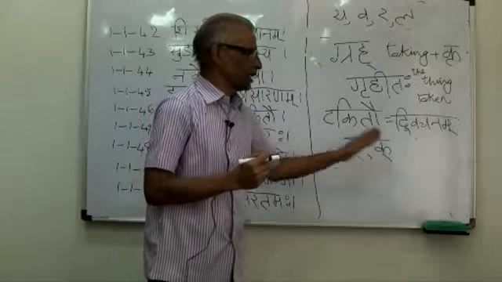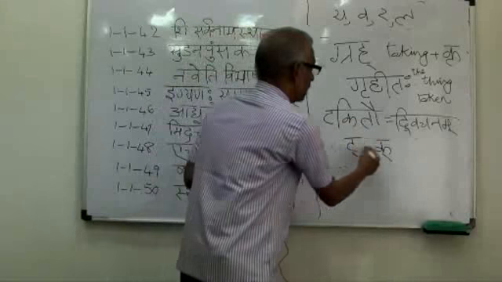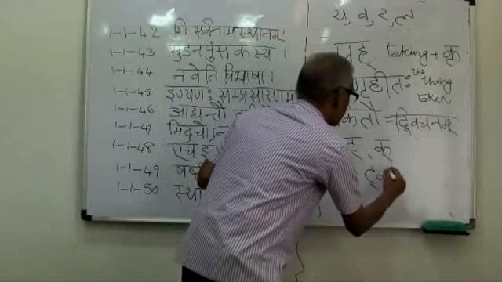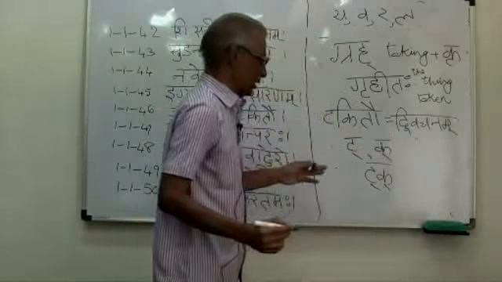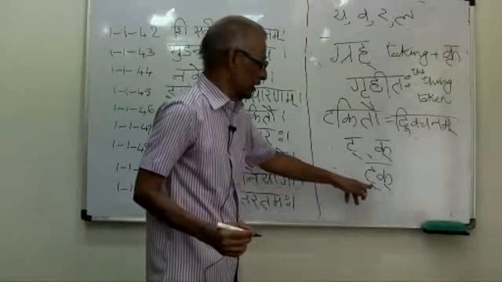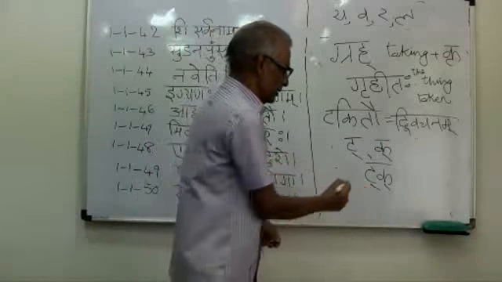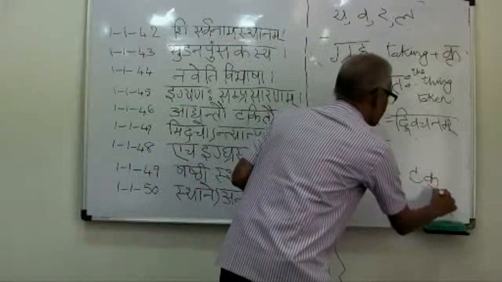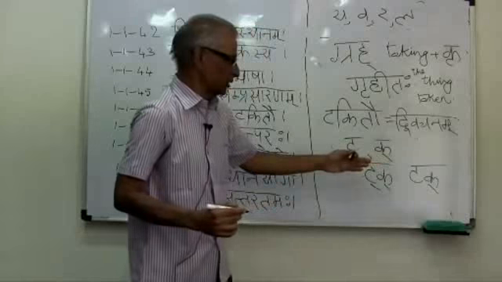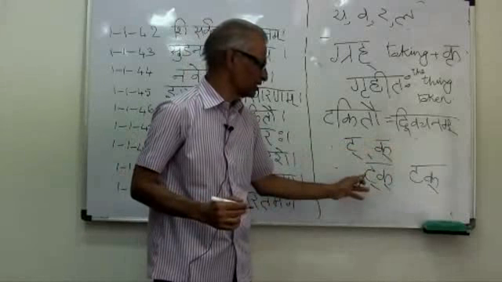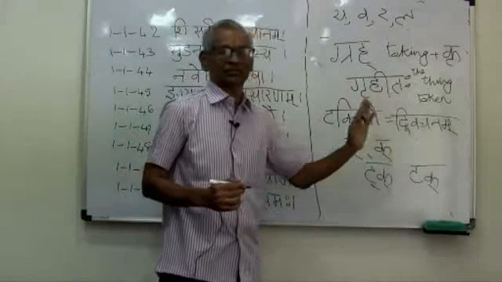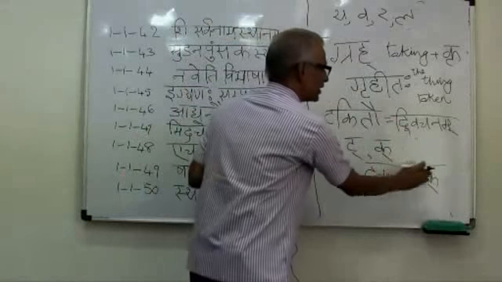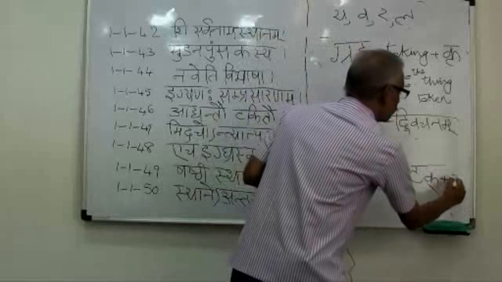This takara and kakara, if you combine, it becomes t k. For convenience, he has dropped the hal and made it ta. For ease of pronunciation, this tak is taken as taka. Tak means takara and kakara plus au.